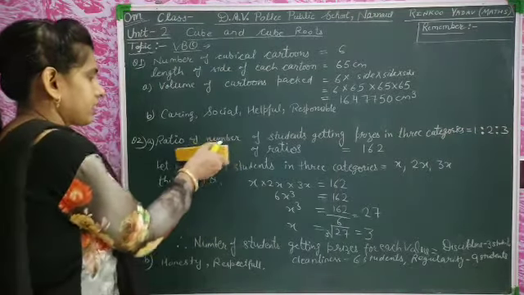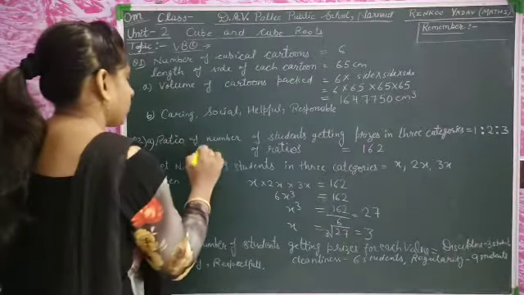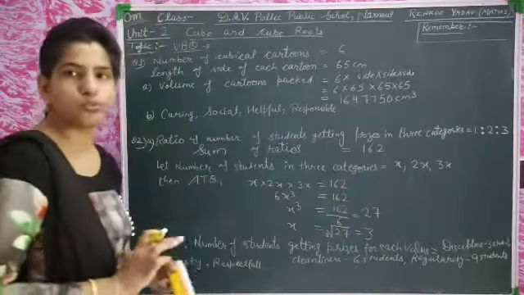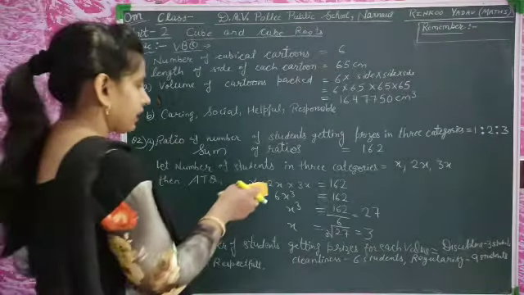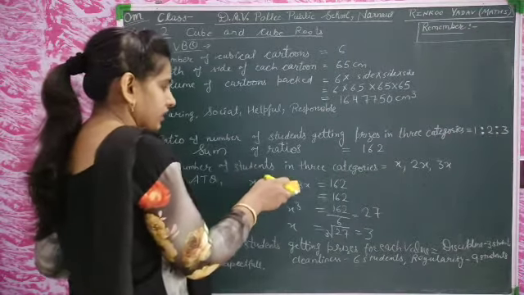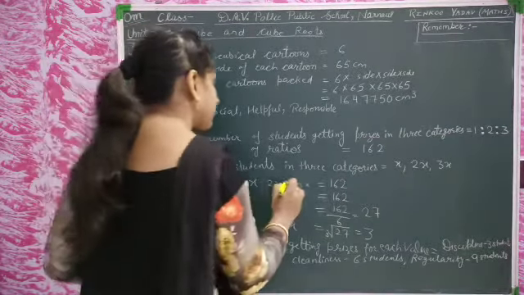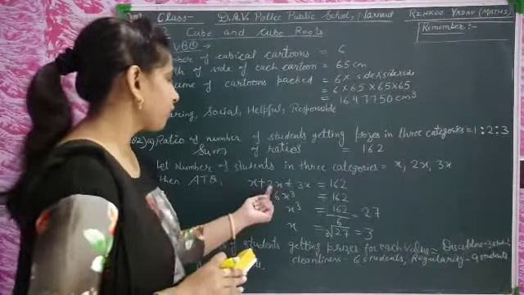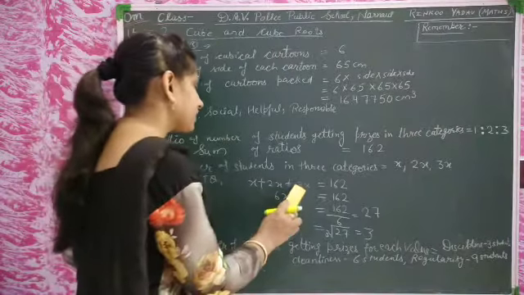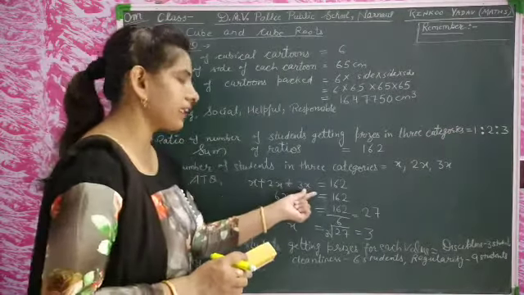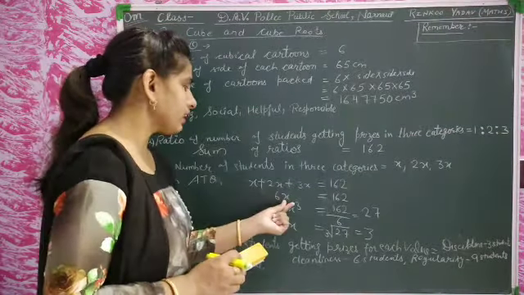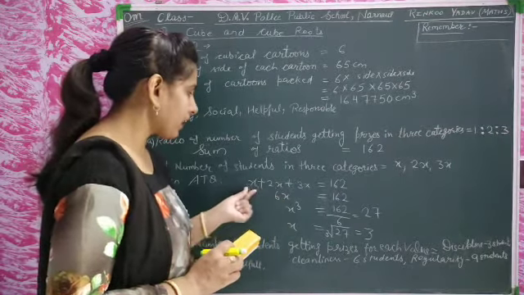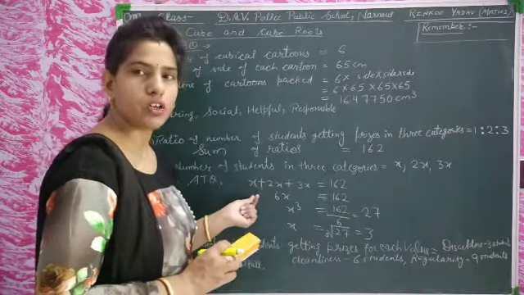correct this statement. The sum of ratios is equal to 162. Then, according to the question, there is the sum here. Is it clear, students? 6x. If we add here, the variable stays as it is, and we are adding only the numerical coefficients.